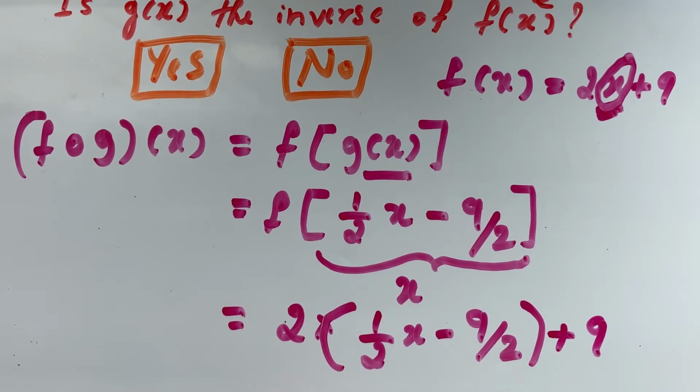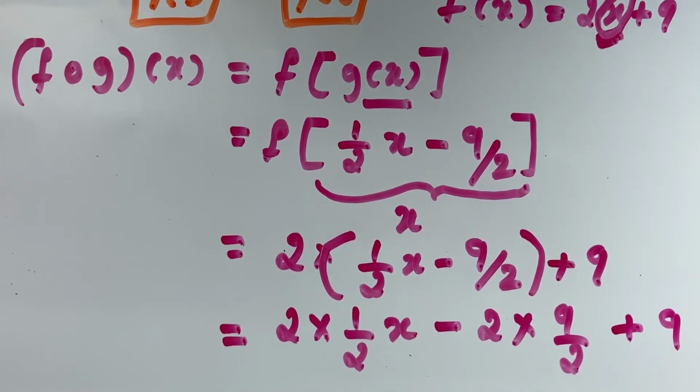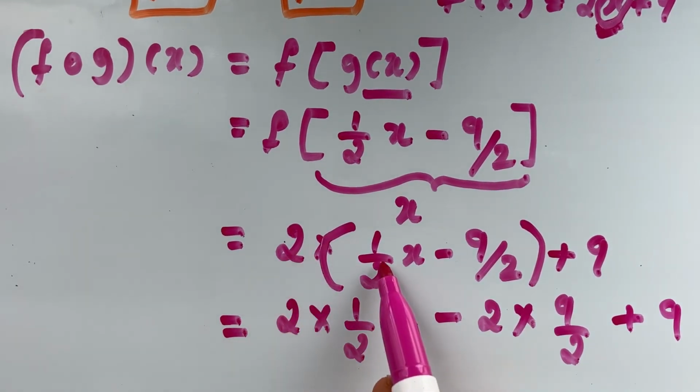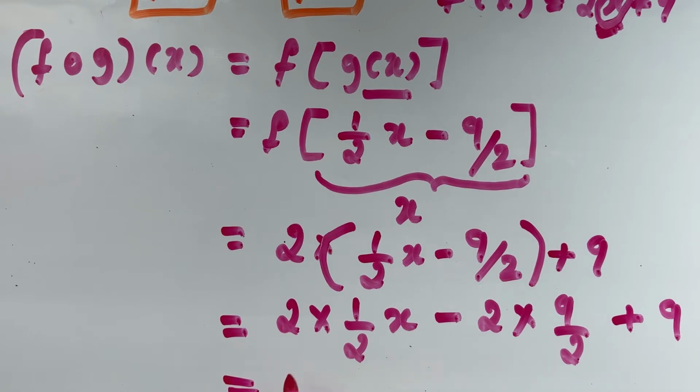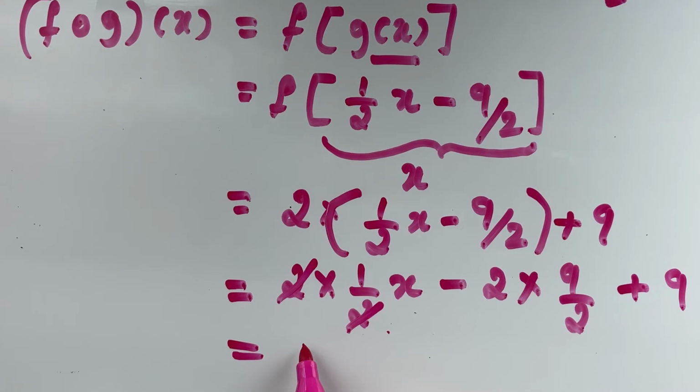Here I am applying the distributive property: 2 times half x minus 2 times 9 over 2 plus 9. The 2 cancels, so the value is x.